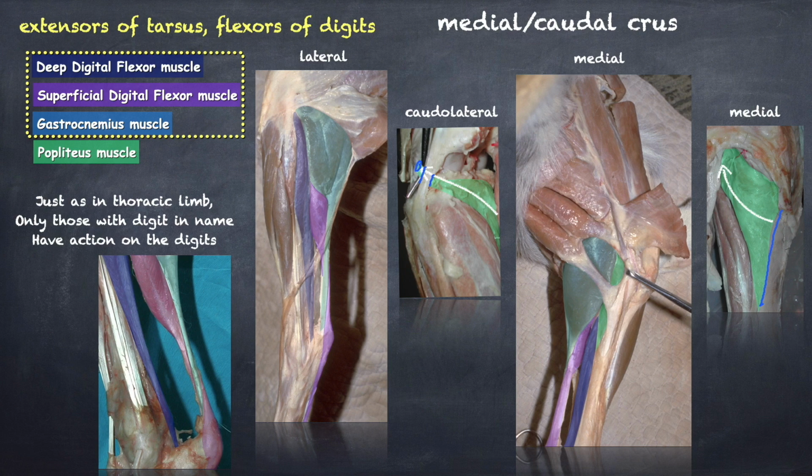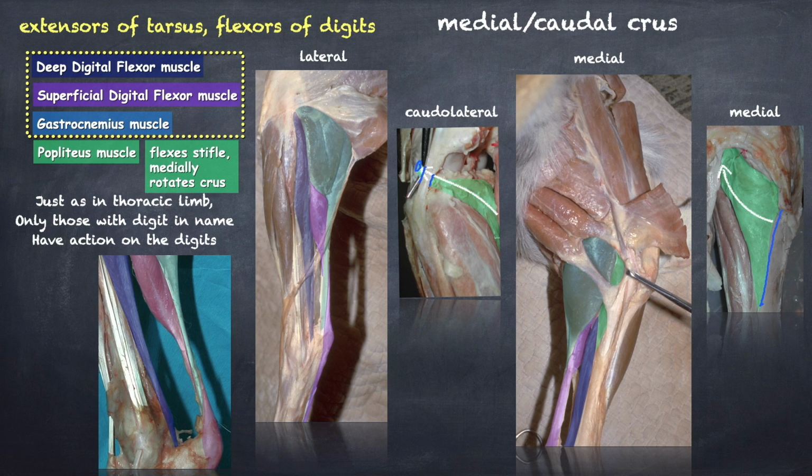Because it crosses the caudal aspect of the stifle. Flexion of the stifle, but it's also going to do what to the limb? Because it's taking the medial portion caudally, which is the same as taking the cranial portion medially. So it's going to cause medial rotation of the limb.